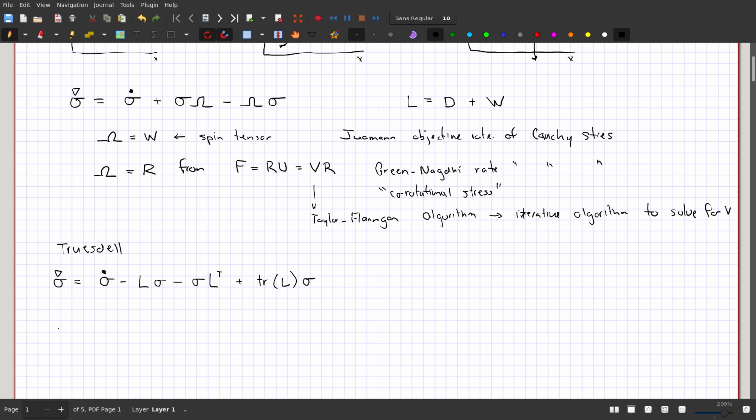And all of these rates are objective, so they do obey that kind of rotation.